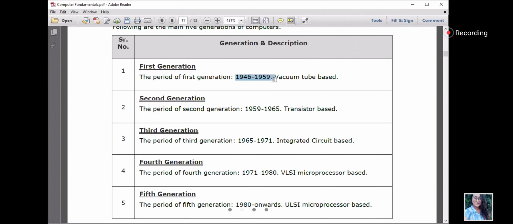The first generation was developed in 1946, and from 46 to 59 it was the first computer, and it was vacuum tube based. The second generation was 59 to 65 and it was transistor based.